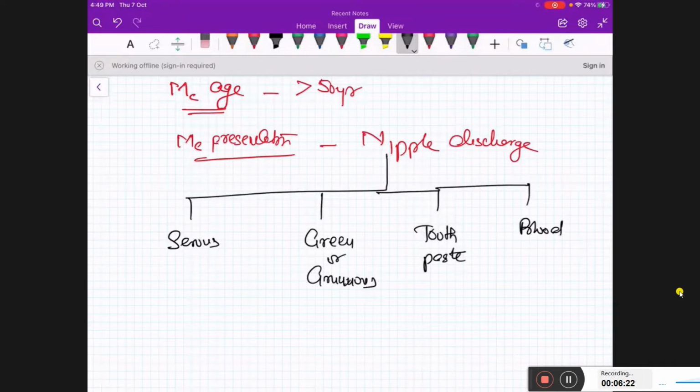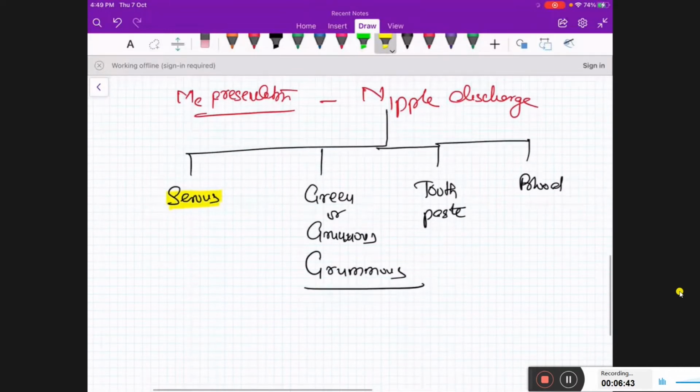Out of these various types of discharges from the nipple, the most common discharge in duct ectasia is serous. But you should be very careful that once there is a toothpaste-like discharge or grummous or green colored discharge, one should think of duct ectasia.